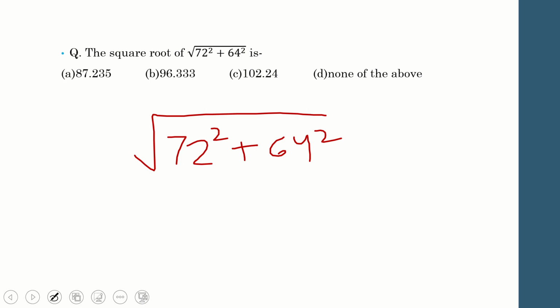I have told you that you have to check two things. First, check that this is a two digit number, and the difference between them is very close. How much difference do you have? 72 minus 64, only 8.